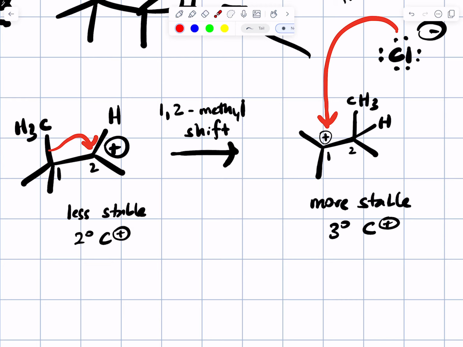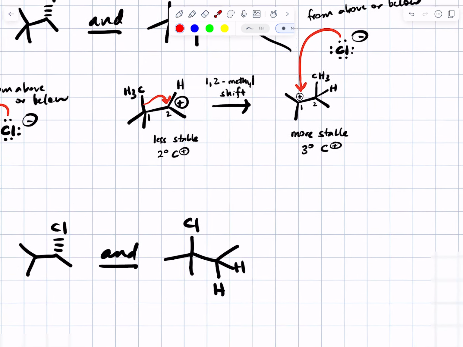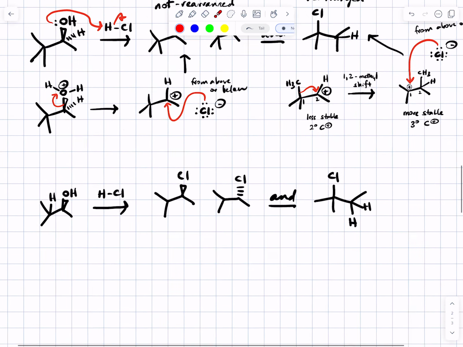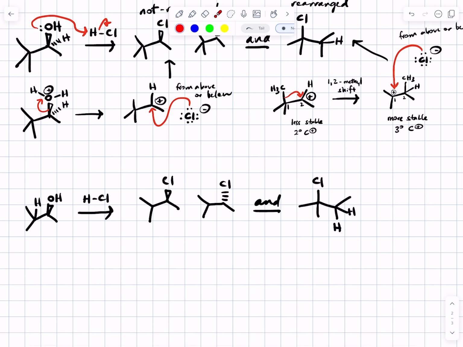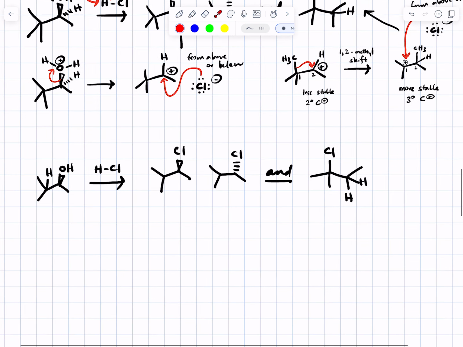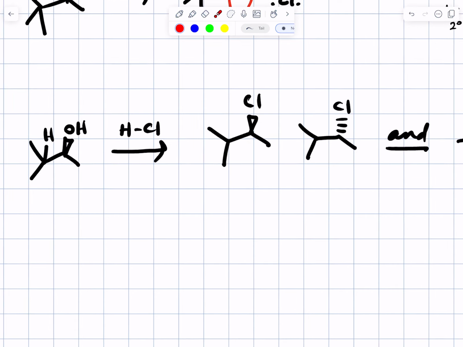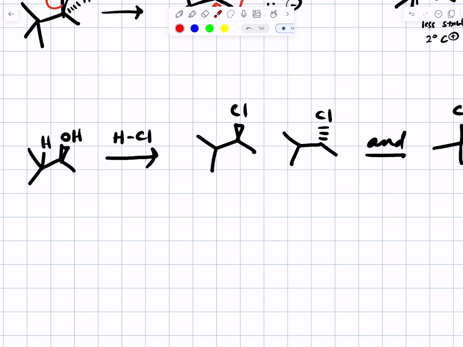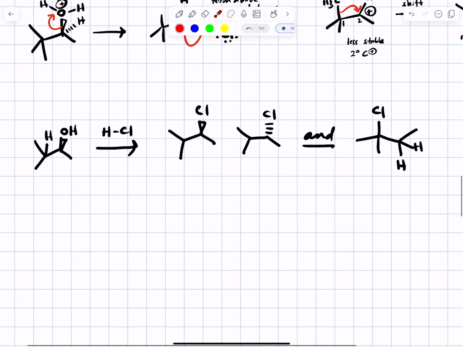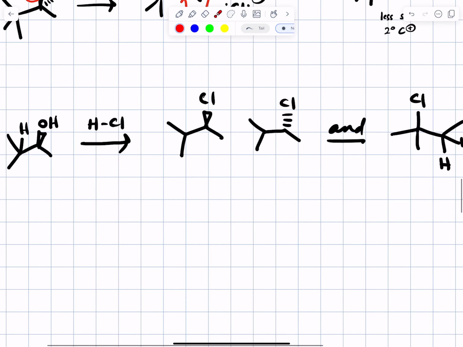All right, so now you've got an idea of what can happen below, where the rearrangement came from here. Again, I'm going to skip ahead a little bit in the mechanism, but the reaction shown here is going to involve an intermediate that looks like this, where you have a secondary carbocation.